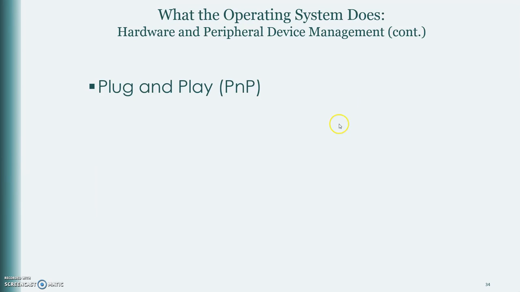Plug-and-play, or PNP, right there. We love acronyms, don't we? Is a software and hardware standard designed to facilitate the installation of new hardware by including the drivers in the operating system. Plug and Play lets you plug a new device into your computer and immediately use it.